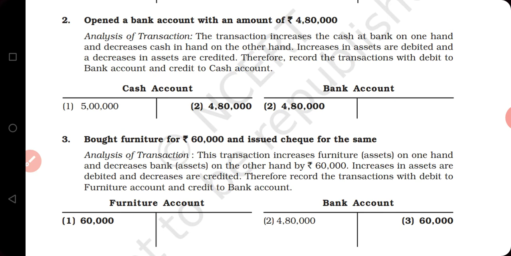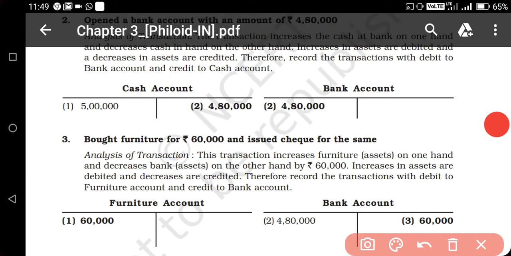So see the cash account again. We will prepare the format of the cash account, and in this cash account, on the debit side we already had 5 lakh rupees earlier, and now we are showing on the credit side 4 lakh 80,000. It means 4 lakh 80,000 is reducing from the cash. We are depositing this into the bank.